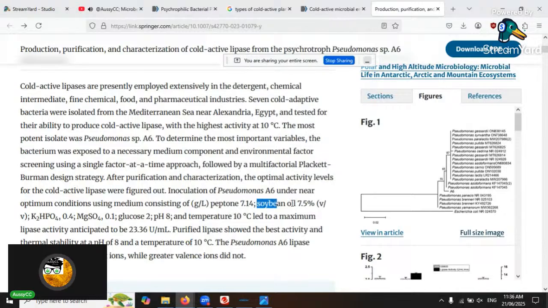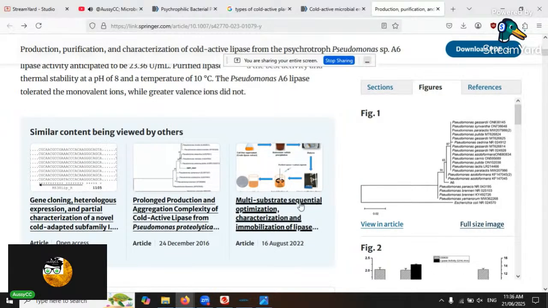Oh wow, 7.5% soybean oil as the base media. That's a fair bit of weight, isn't it? Soybean oil. Jeez, it's a new one. See, all this science just keeps evolving. So I love it. Soybean. Cool. Here's some other similar ones.